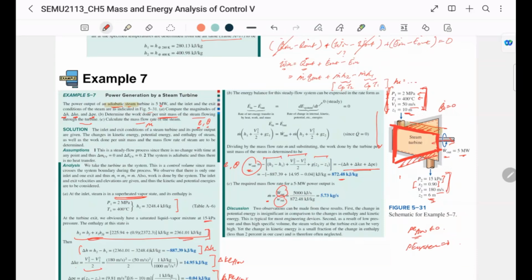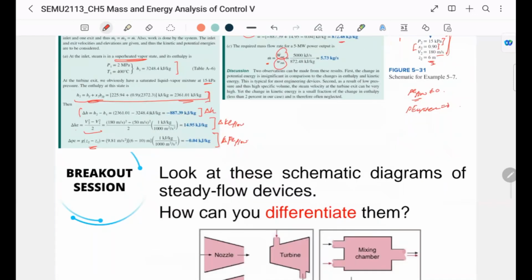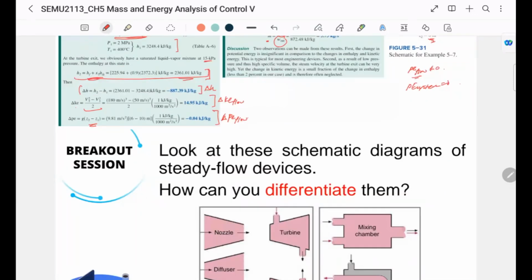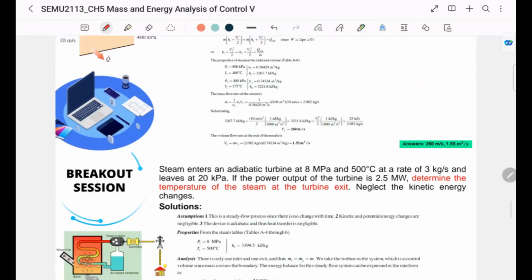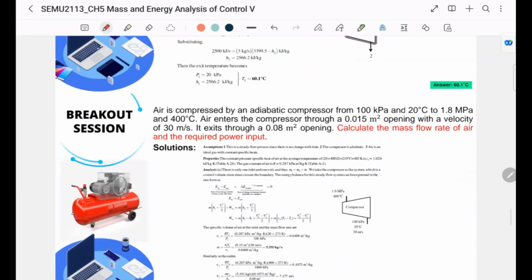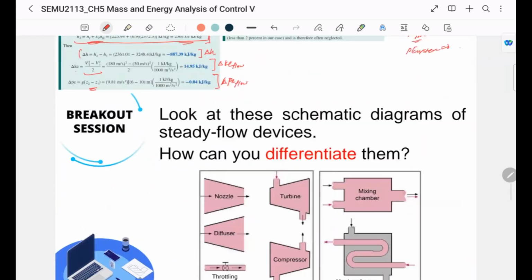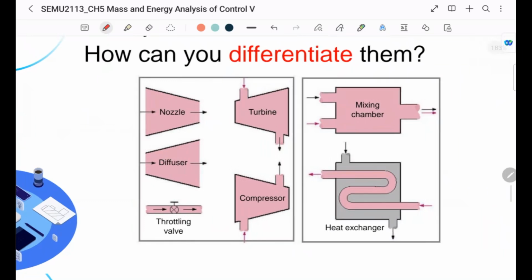That's pretty much the example for nozzle, diffuser, compressor and turbine. There are a few more examples at the back here, which I won't go into because they are more or less the same as what we saw earlier.